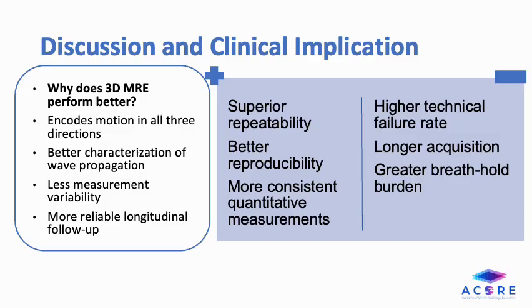However, these advantages must be balanced against practical limitations, including longer acquisition times, greater breath hold requirements, and a higher technical failure rate. Therefore, while three-dimensional MRE is promising, two-dimensional MRE remains an excellent and practical option for routine clinical imaging.